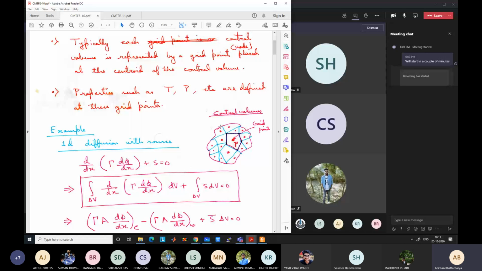As a result, we can very accurately capture phenomena which are very important at the interface, such as viscous flow effects, boundary layer effects, shear stress, and heat transfer at the boundary. These are much more accurately captured using the control volume method.